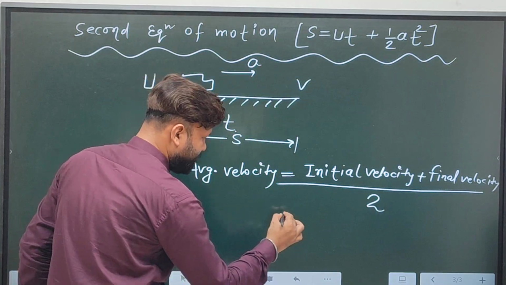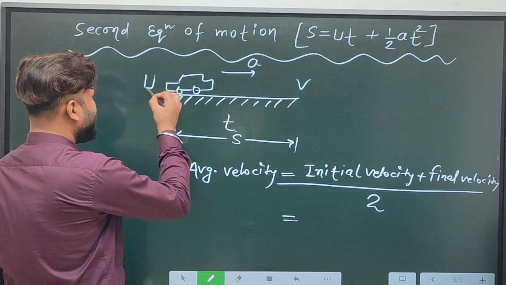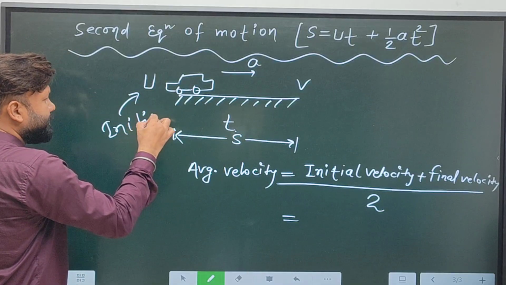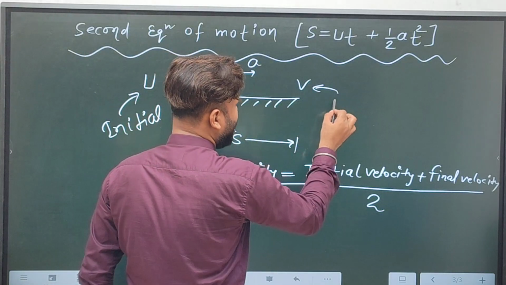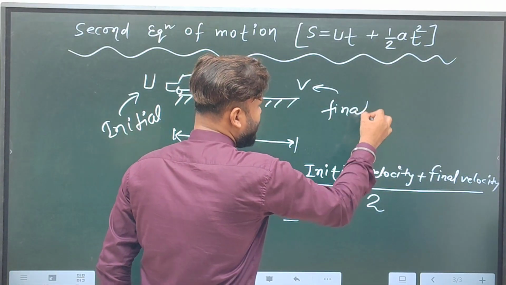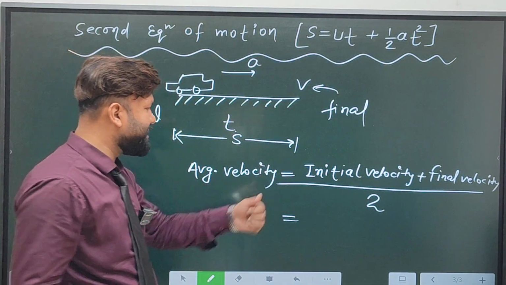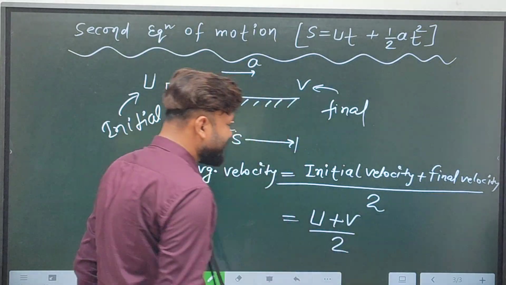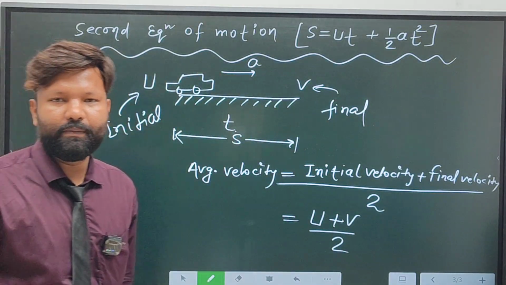So we can write initial velocity denoted by u. This is the initial velocity, students, and this is the final velocity. Okay, so what we can say, initial velocity, that is u, final velocity, that is v. So this is the average velocity, u plus v by 2.